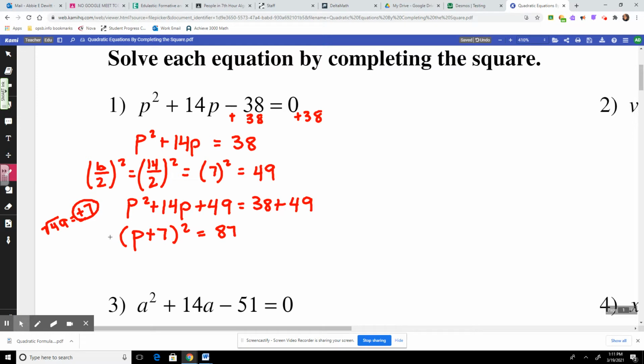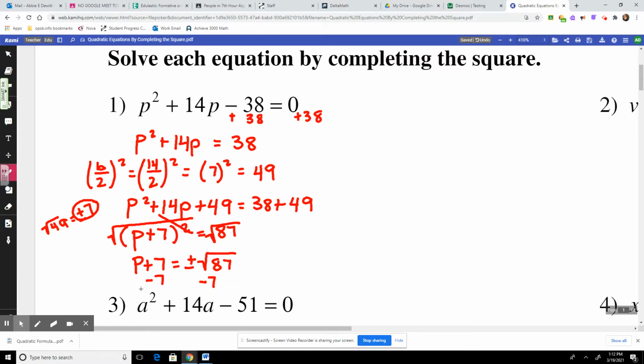Now you're going to take the square root of both sides. And remember, when you take the square root of both sides, the root and the square cancel each other out. And you're left with p + 7 equals positive or negative square root of 87. Then I'm going to subtract 7 from both sides.